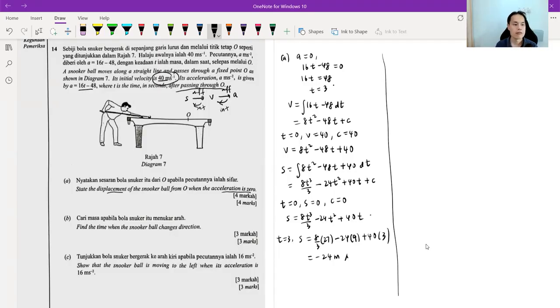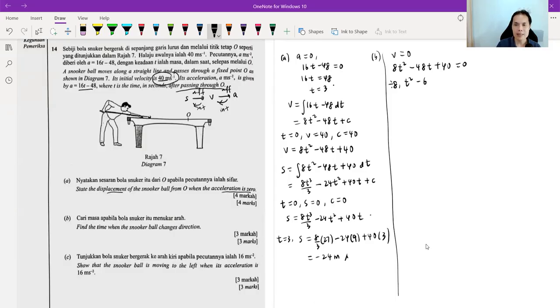Okay, next, find the time when the snooker ball changes direction. Now we know the ball, or any object, will change direction when the velocity is 0. Since I already have my velocity function, I'm going to sub in 8t squared minus 48t plus 40, let it be 0. Let us divide by 8.